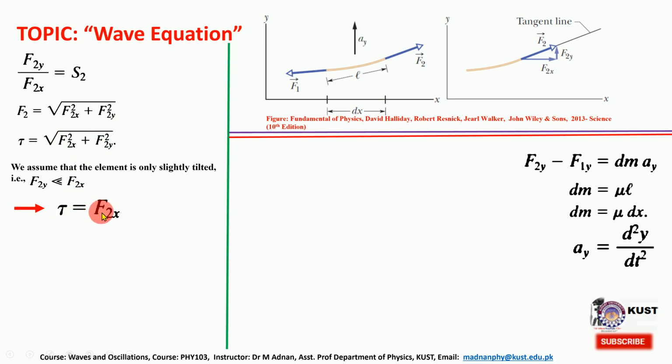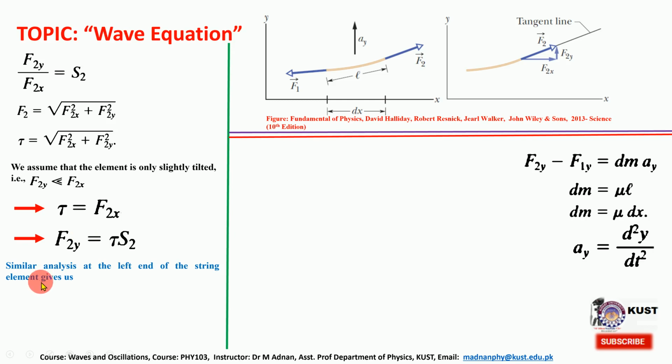So if we put that F2x equal to the tension in the first expression, instead of writing F2x, we can write tau, so that this F2y will be equal to tau times the S2 vector.